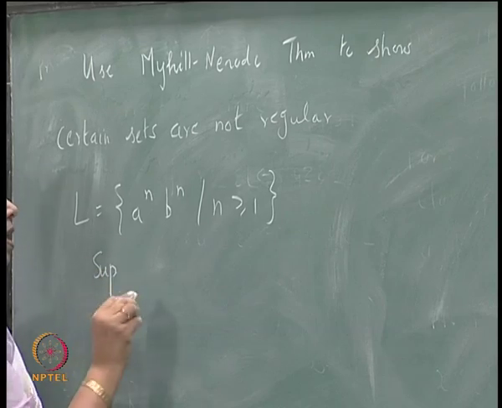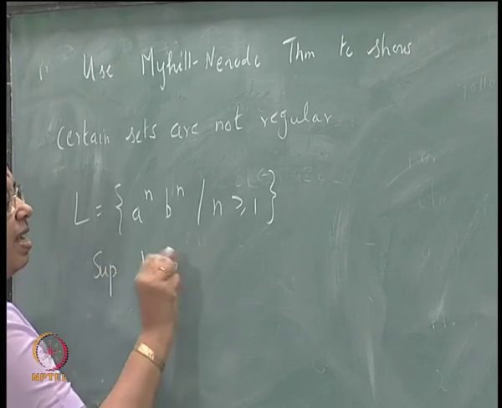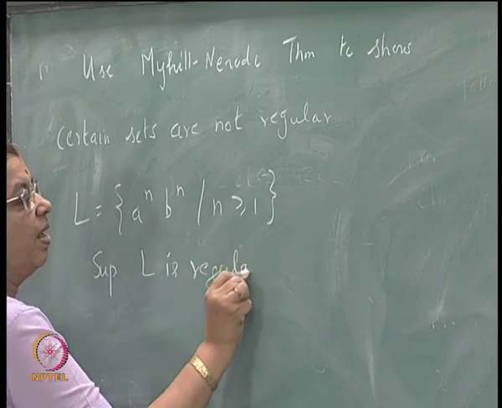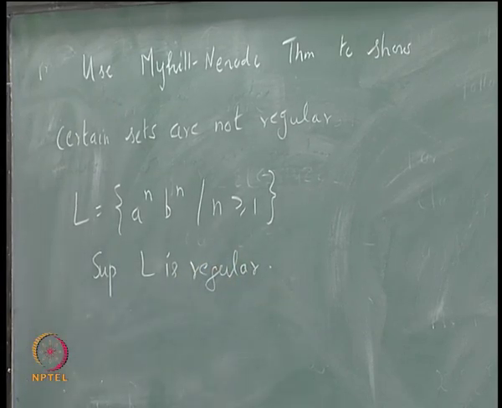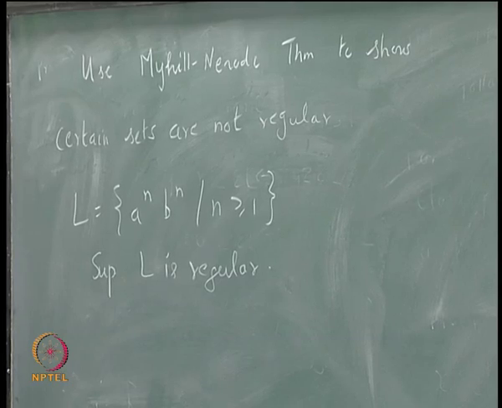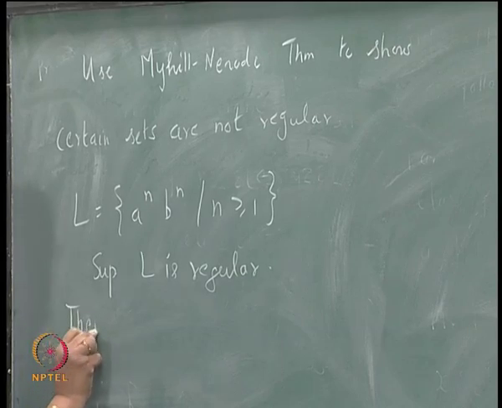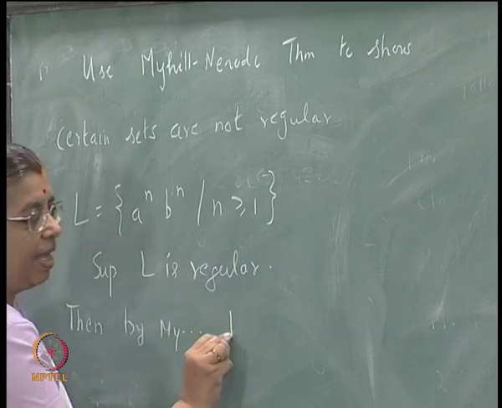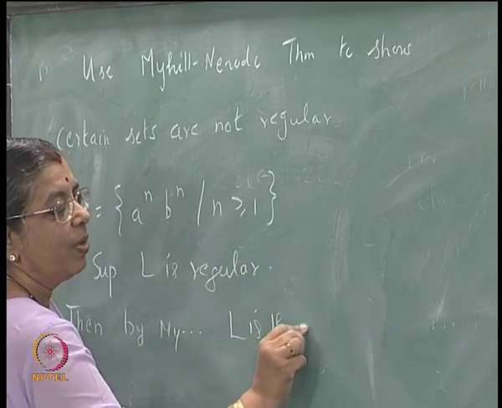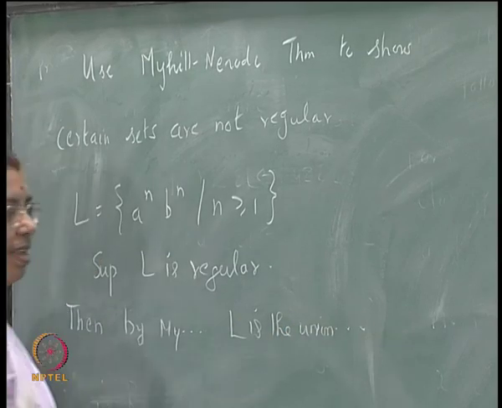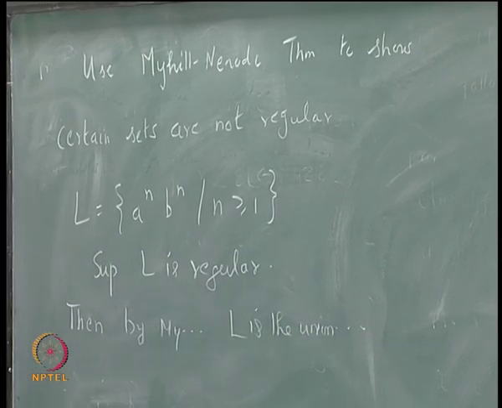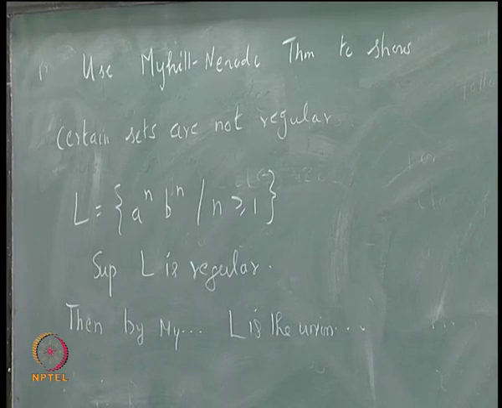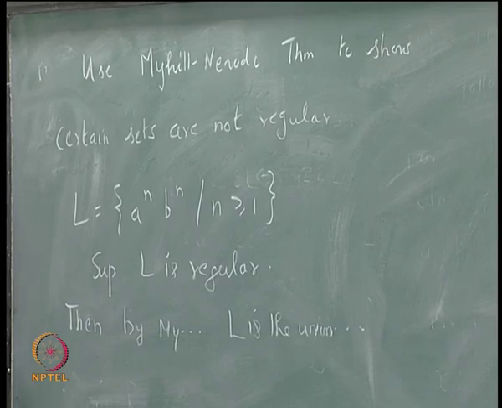Suppose L is regular. Suppose L is regular, then what do you conclude from the Myhill-Nerode theorem? Then by Myhill-Nerode theorem, L is the union of some of the equivalence classes of a right invariant equivalence relation of finite index.